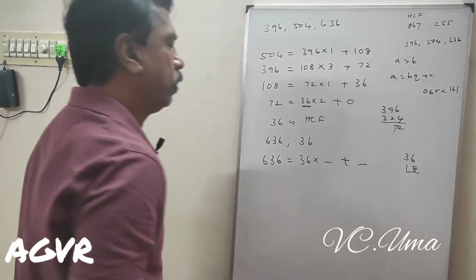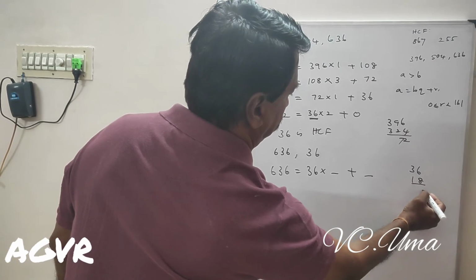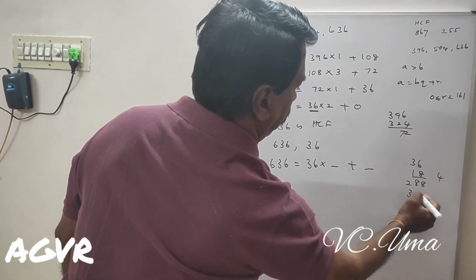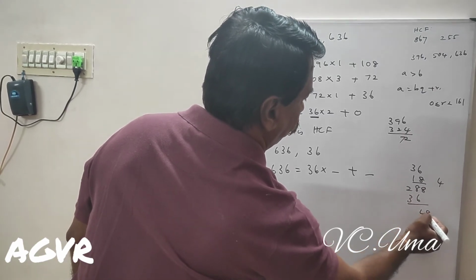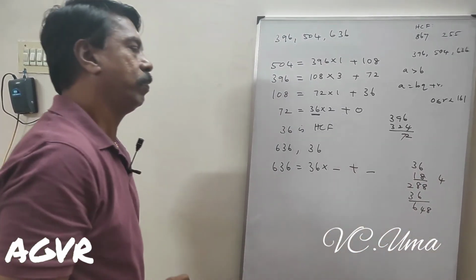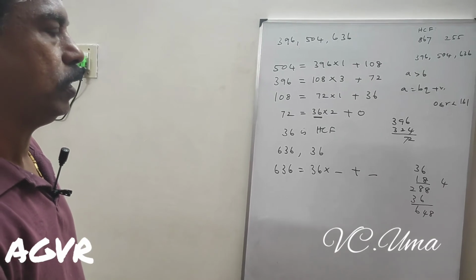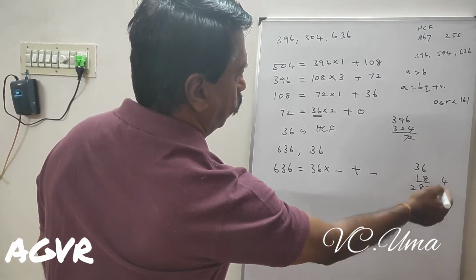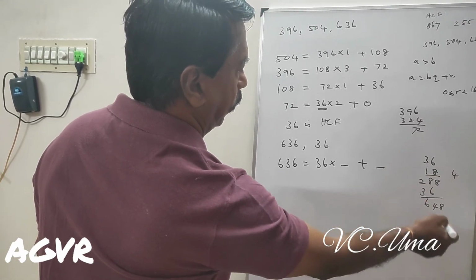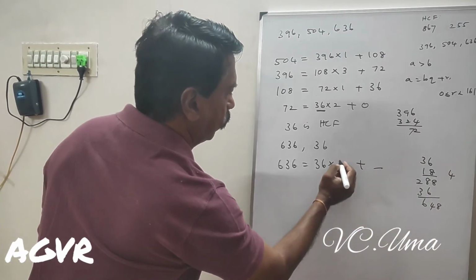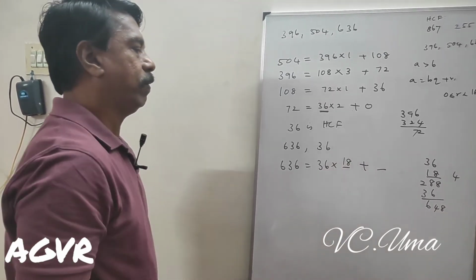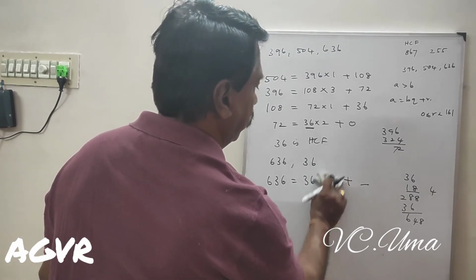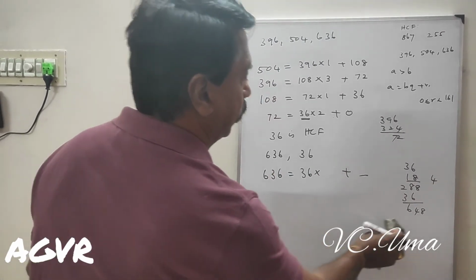We try: 36 into 18 gives 648, which is greater than 636.